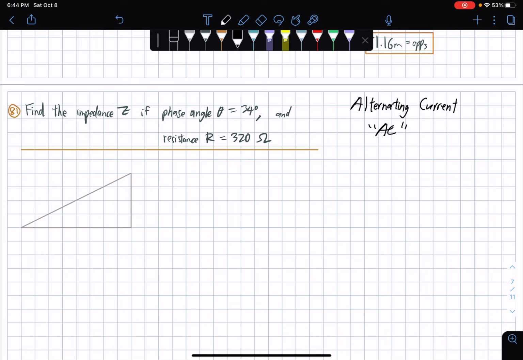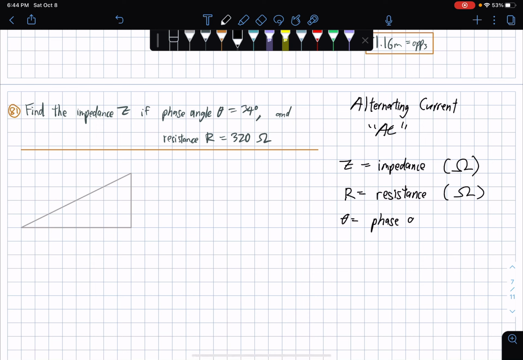It's probably familiar. I hope so. We do have to acknowledge that we have three values in AC applications. Z stands for impedance. The unit for impedance is ohms. And R is called resistance, which is also of the unit ohms. And theta is the phase angle, whether it's an angle of elevation or depression, but usually it's elevation.